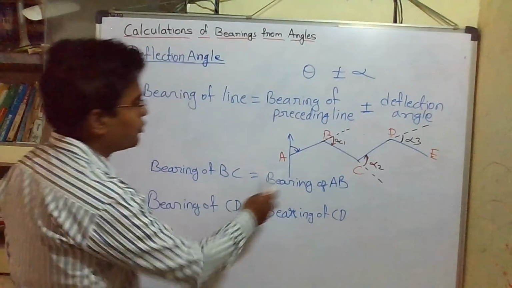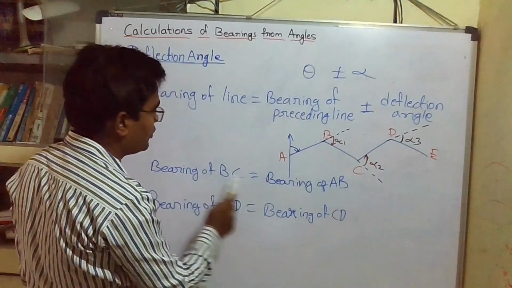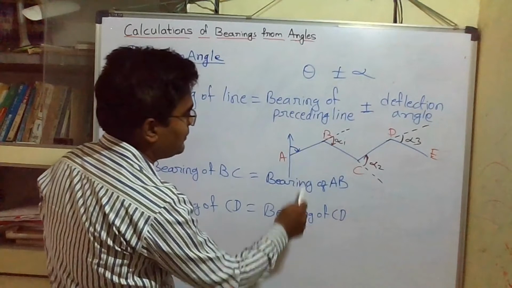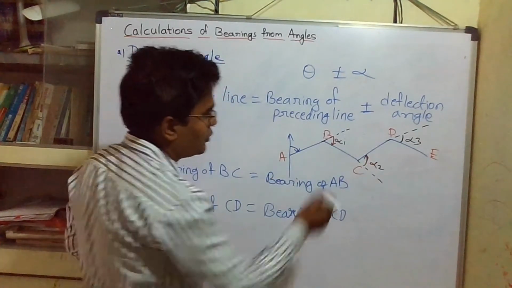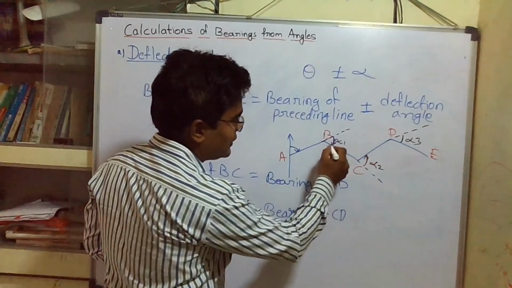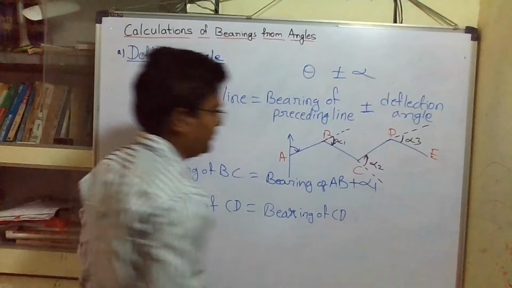Suppose we have to find the bearing of line BC. Bearing of BC is equal to bearing of AB plus alpha 1, because the deflection is along the right hand side.